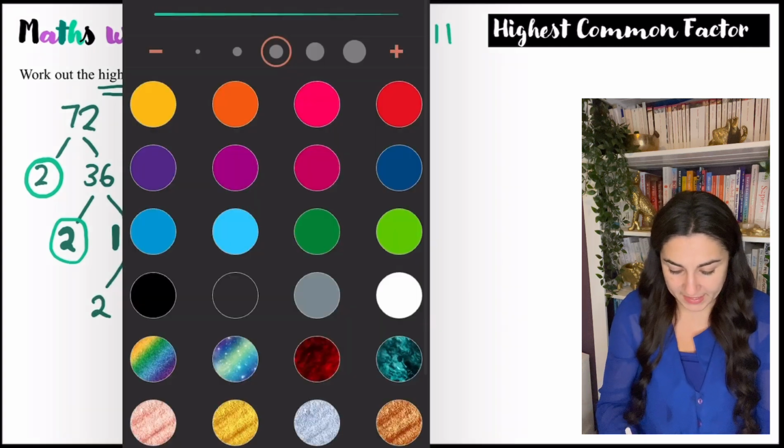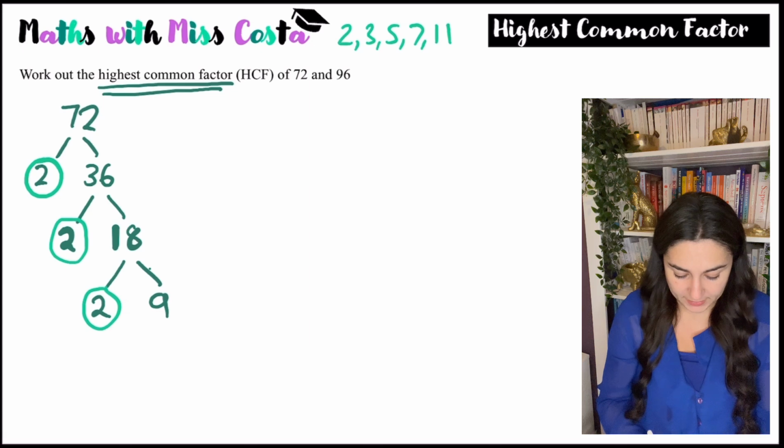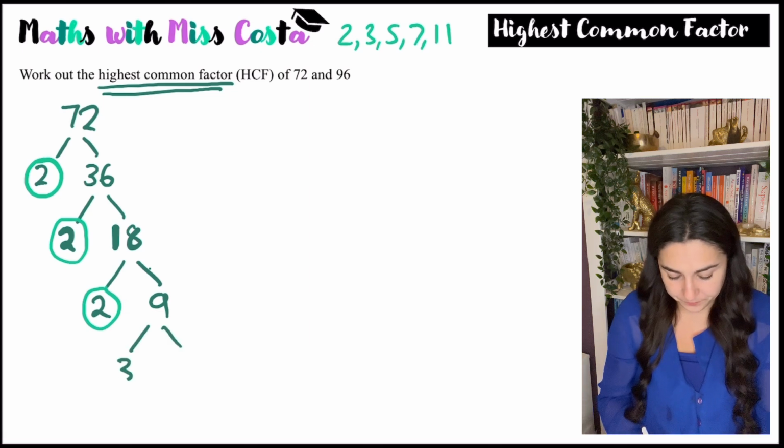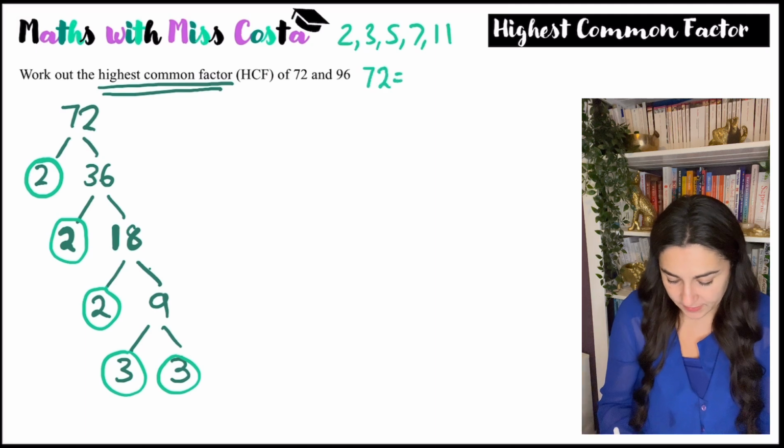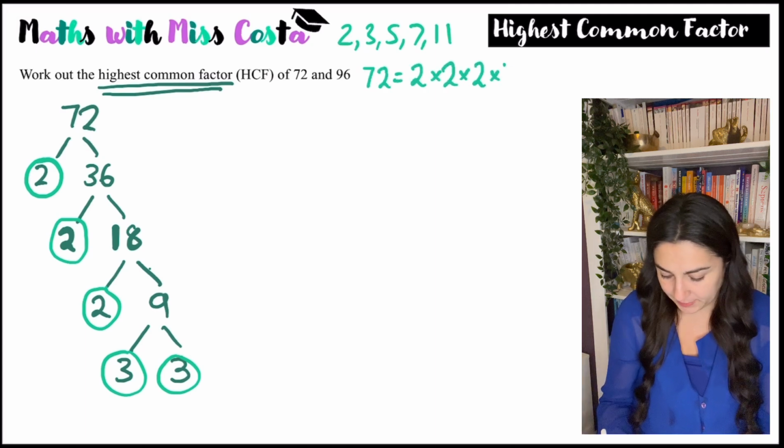Well, 2 times 9 makes 18. Once again, I've got a 2, so I circle that. Then I've got 9. What are the factors of 9? 3 times 3, both of which are prime numbers, so I can write that here. So 72 is 2 times 2 times 2 times 3 times 3.